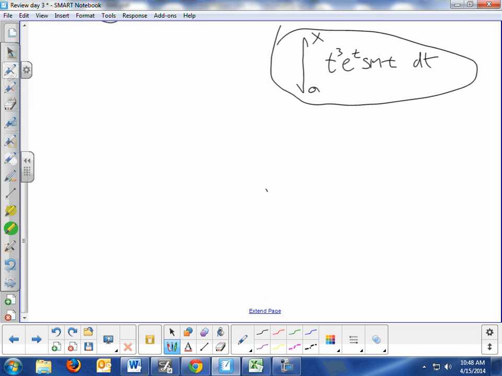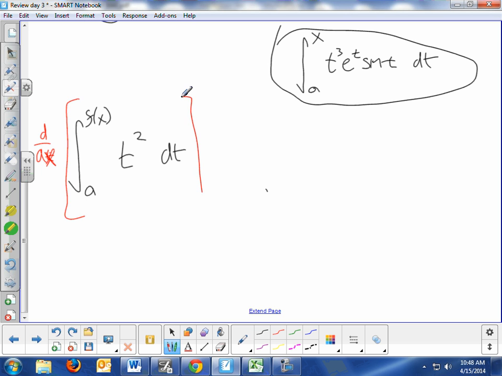Those are common. But we also need to go over what happens if I have a function here. And let's say, I don't know, t squared or something there. If I take the derivative of this with respect to x, we need to remember that, yes, you are going to plug in the function where t is.